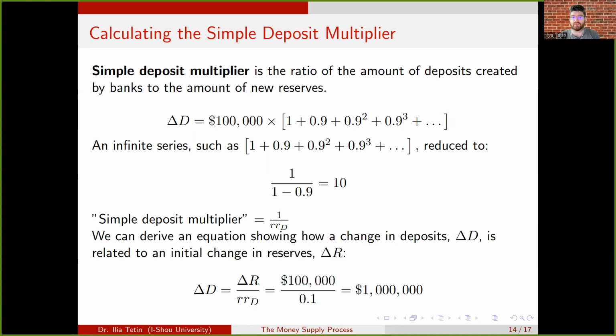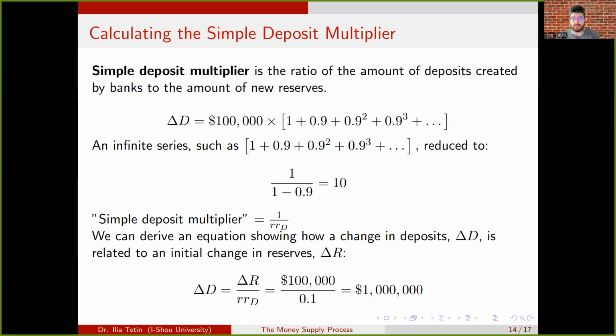The ratio of the amount of deposits created by banks to the amount of new reserves created is called the simple deposit multiplier. In this case, the simple deposit multiplier equals 1 million over 100,000, so it is 10. Why 10?